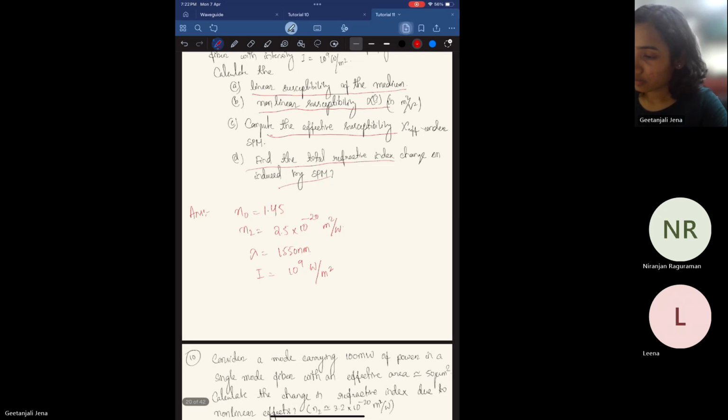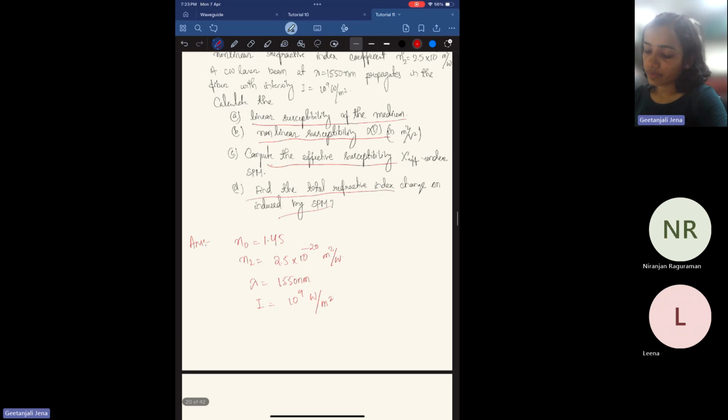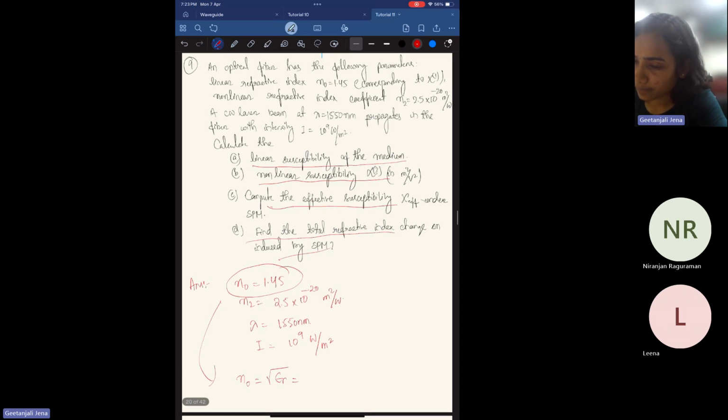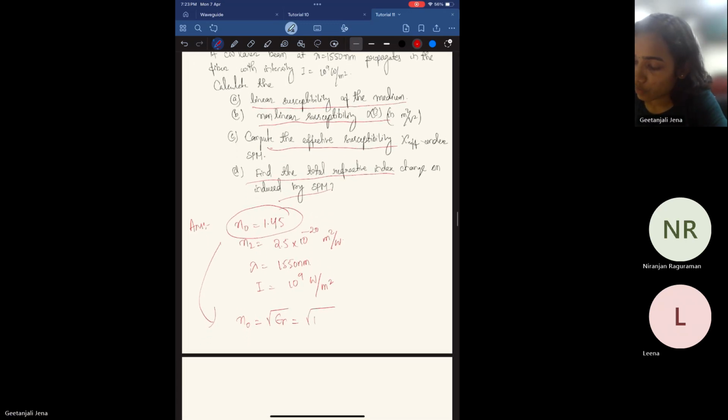Finding the linear susceptibility is easy because the linear refractive index is already given. If you recall the lecture, n0 is the square root of epsilon r, so n0 square is 1 plus the linear susceptibility chi1.